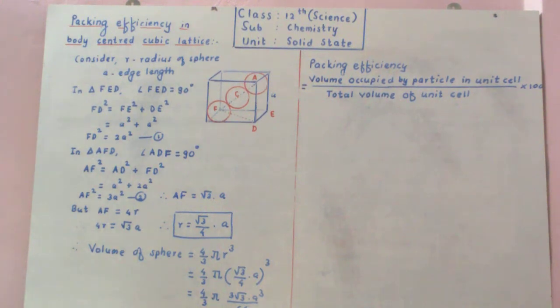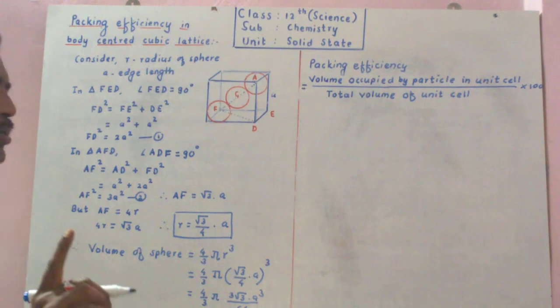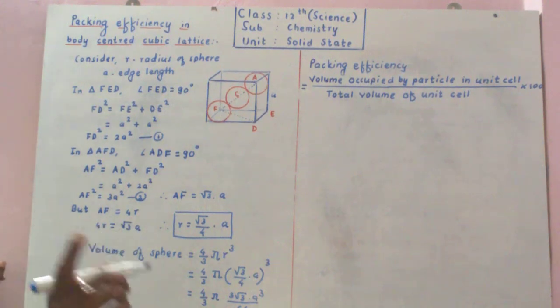Root 3 pi a cube upon 16. This is the volume of a sphere, which means this is the volume of only one particle.